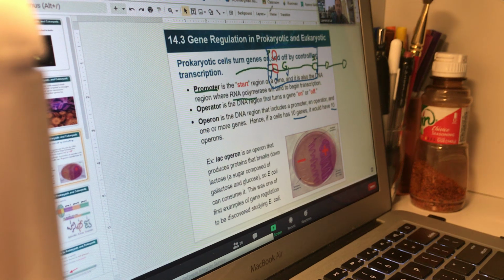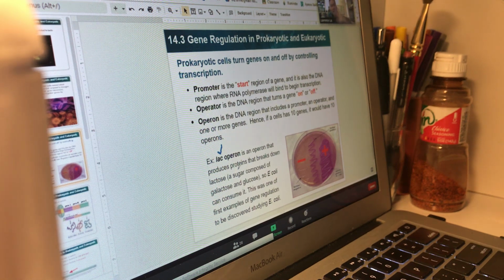Now, in bacteria, I'm going to use an example of bacteria. There's an operon called the lac operon, okay? This is highly studied. Lac operon is one of the first operons that was researched by scientists going back decades ago. And because of lac operon, they understand how gene expression works.